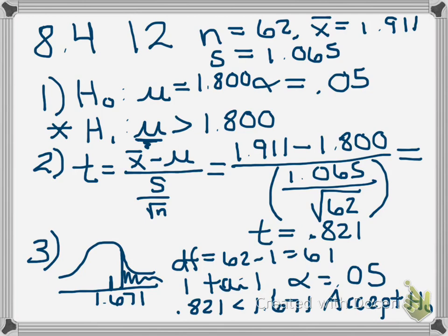So go back up to your step 1, you accept this H naught, so you are going to reject H1, which is your claim. So before I clear this page and move on, let's remember that we're going to reject our claim. Okay, so I'm going to get ready to clear this page and move on.